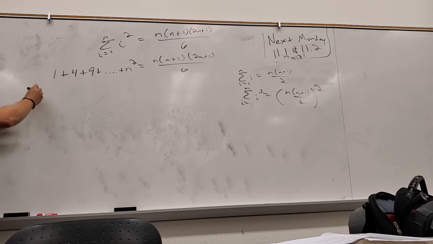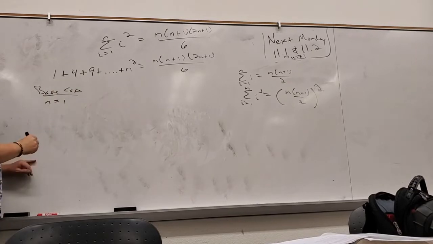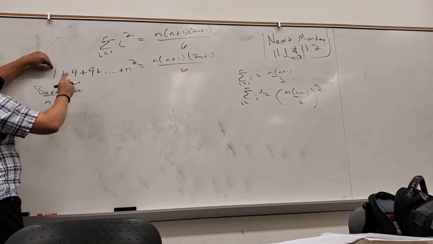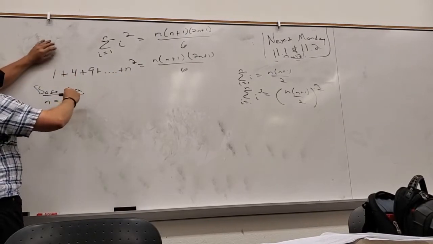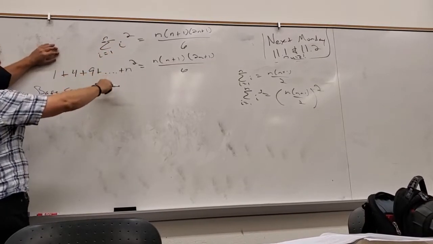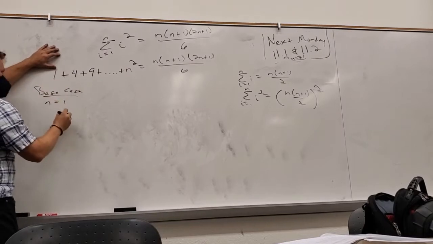Base case. Does it work for n equals 1? If n equals 1, what's this side? 1 times 2 times 3 over 6. If n equals 1, it's going from 1 to 1. So how far do I go? 1.